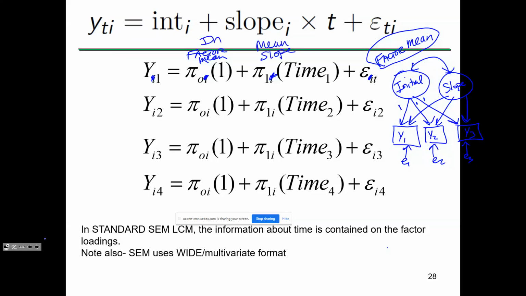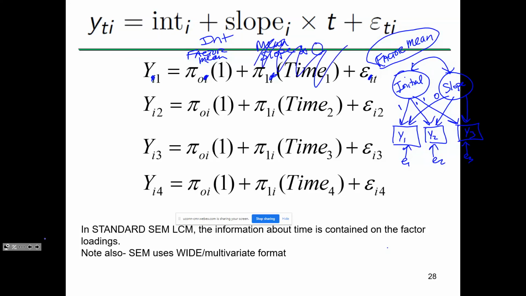So this is the intercept factor mean, and this is the slope factor mean. So the mean for the slope times time. We haven't really talked about how to code time yet. But let's say I want the intercept to be a person's predicted value at the outset. Then I can code the slope so that it's 0 at the beginning of the study. Then I get the mean slope times 0, which is 0.